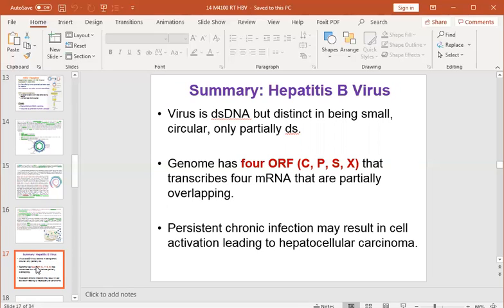HBV can cause persistent chronic infection that can result in cell activation, meaning that the viral genome will either persist as an episome or get incorporated into the host cell genome, and with the aid of the viral X protein, which is a transactivator, activates the cell constitutively, leading to cancer of the liver called hepatocellular carcinoma.